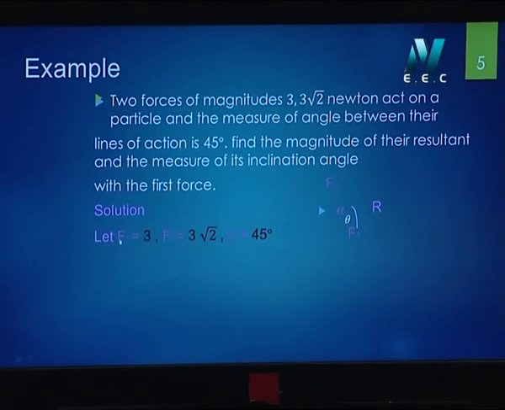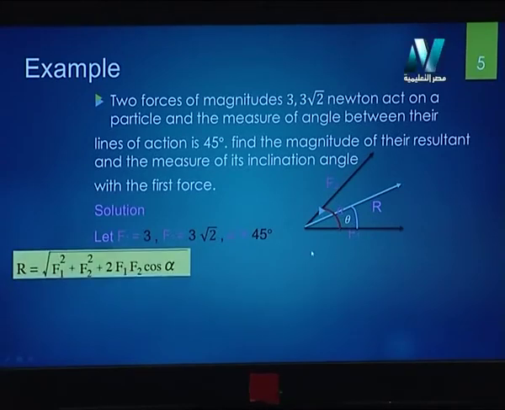We have here the data: F1 equals 3, F2 equals 3 root 2, and alpha, the angle between the two forces, equals 45 degrees. This is force 1, force 2, and the resultant between them, with alpha between the two forces. Theta is the inclination angle between R, the resultant, and F1.